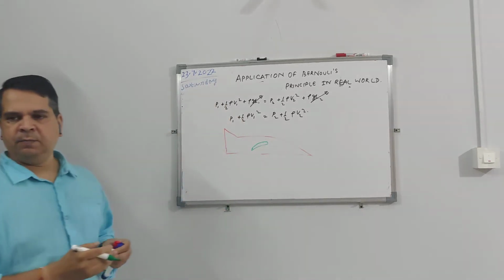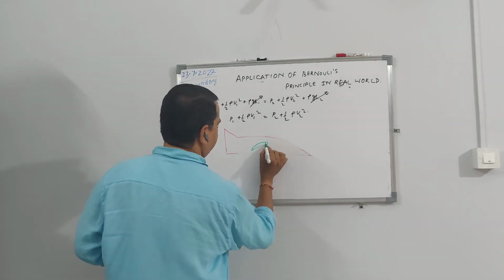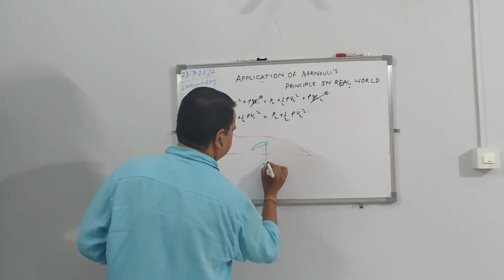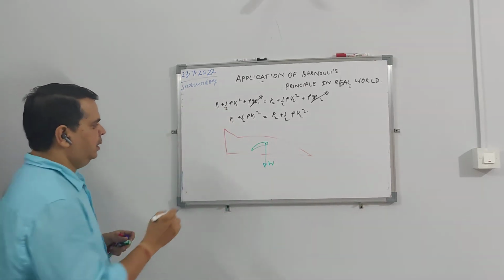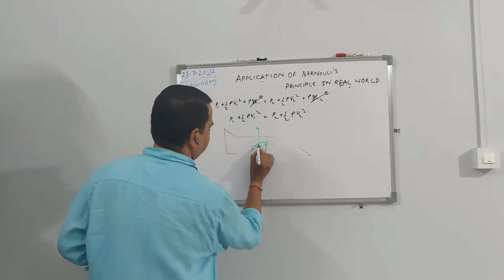This is the airfoil cross section. You have a weight acting like this, this is your weight, and then you have a lift.